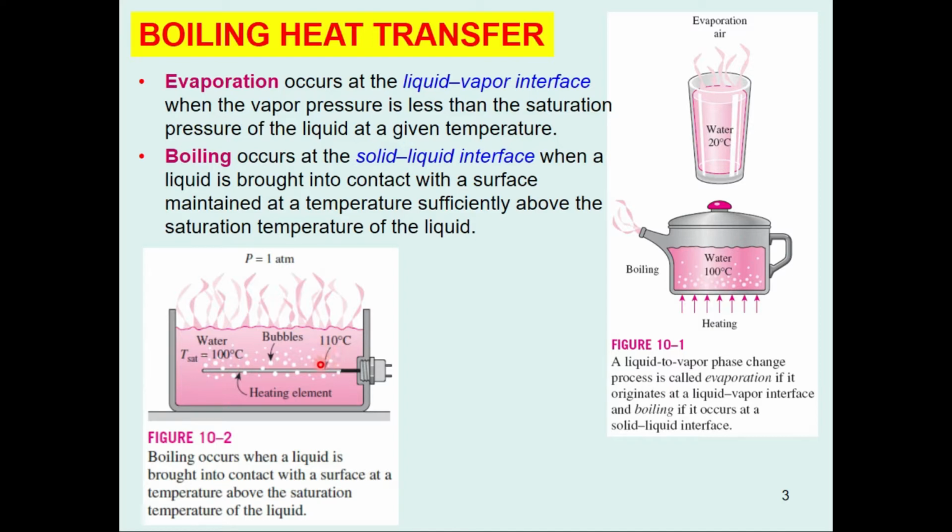The boiling will take place at the interface of this heating element, right? So this is the kind of boiling process. And when will the boiling process occur? When we bring a surface into the liquid that has a temperature sufficiently higher than the saturation temperature of the liquid. So this is all about the boiling process.